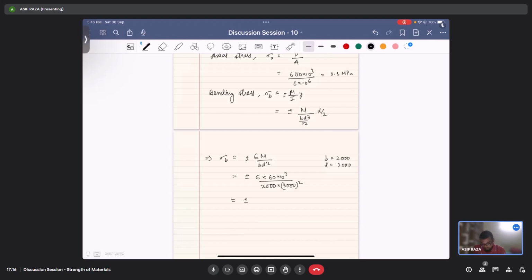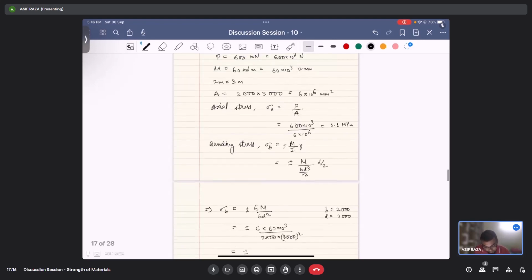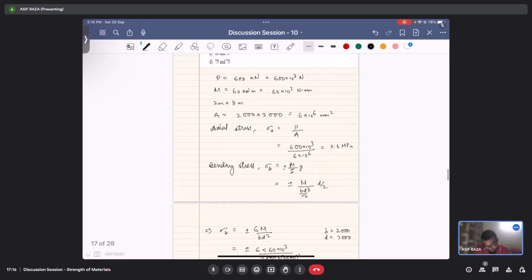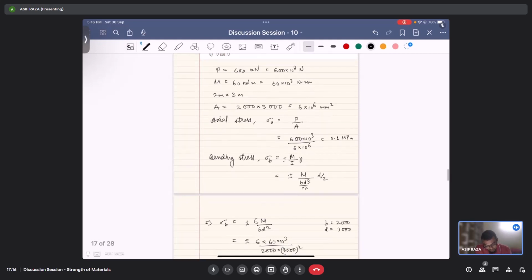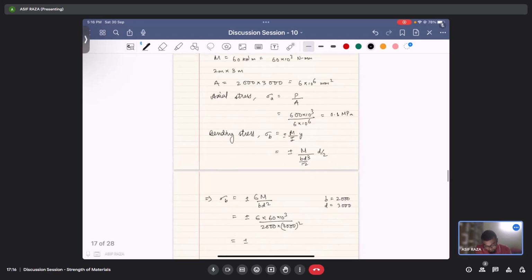divide by 2000, and d cube by 12, bd square by 6, yeah.